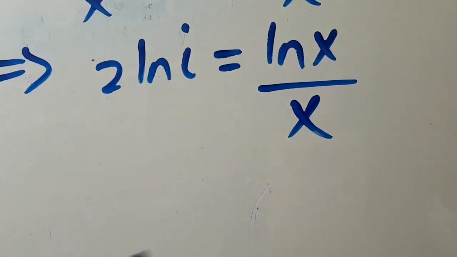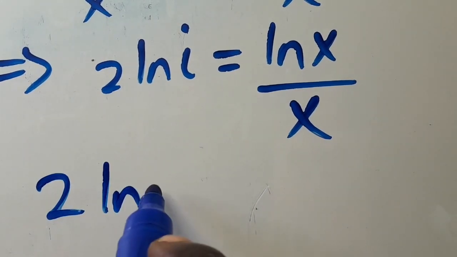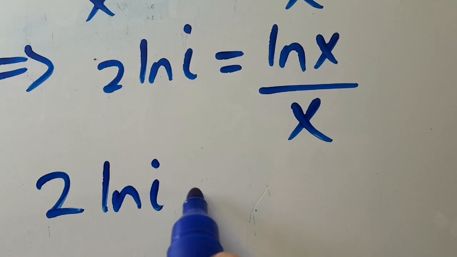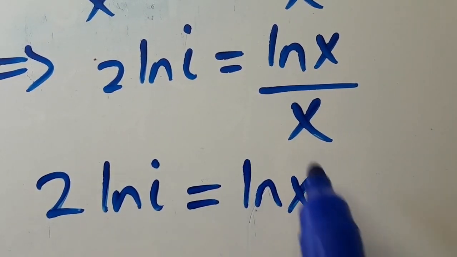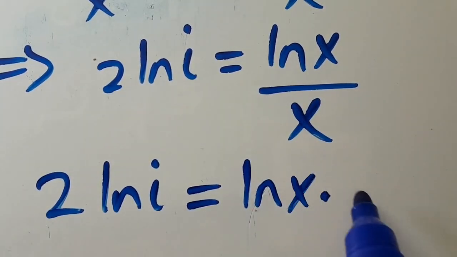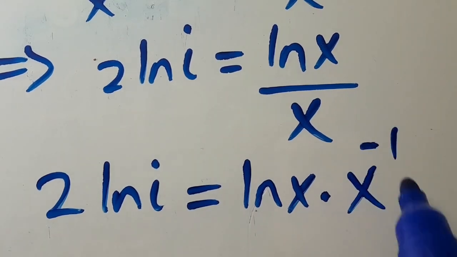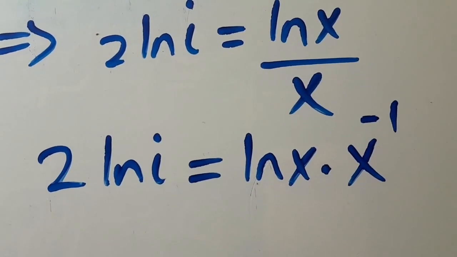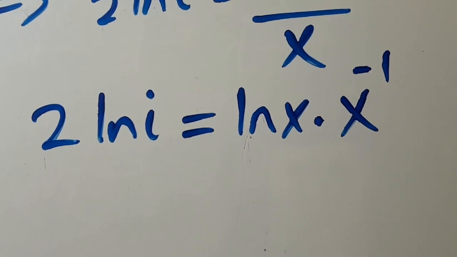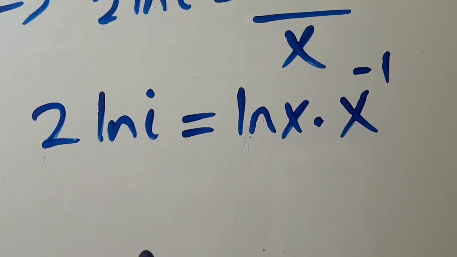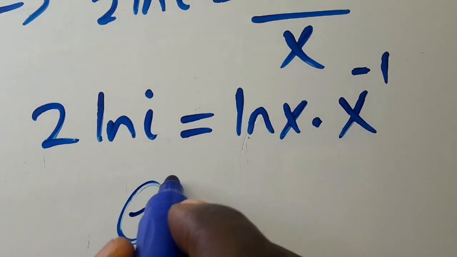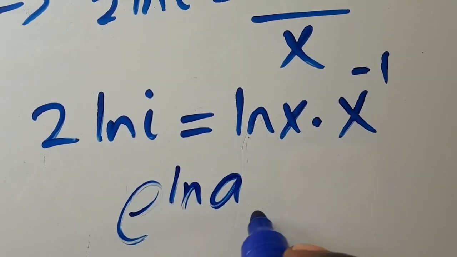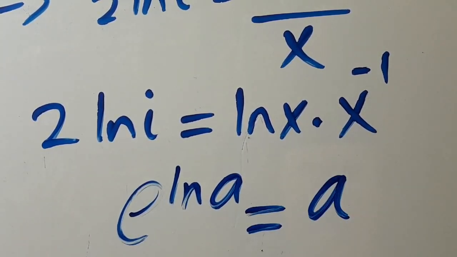Then from here, we have 2 ln of i equals ln of x multiplied by, let's take this one back to the negative index, x to the power of minus 1. Then recall from the relationship between the exponents and natural log that when you have e to the power of ln of a, this will give you back your a.